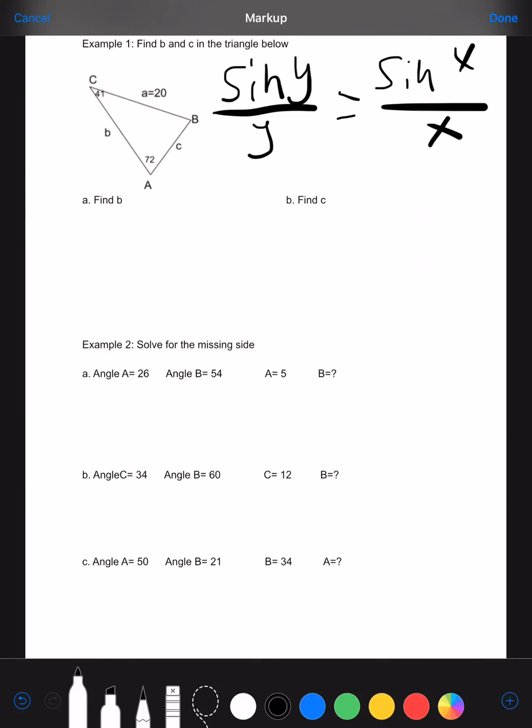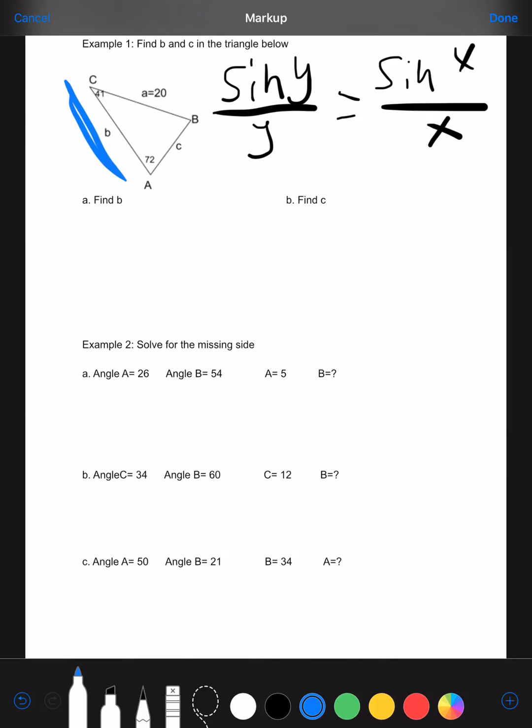So, let's get started. The first one says find B. So, if you remember back to our previous triangle lessons, lowercase letters are sides, so we're looking for side B in this case. So we're looking for this side right here.